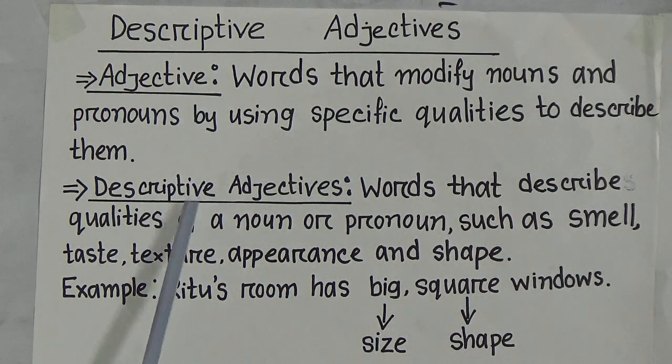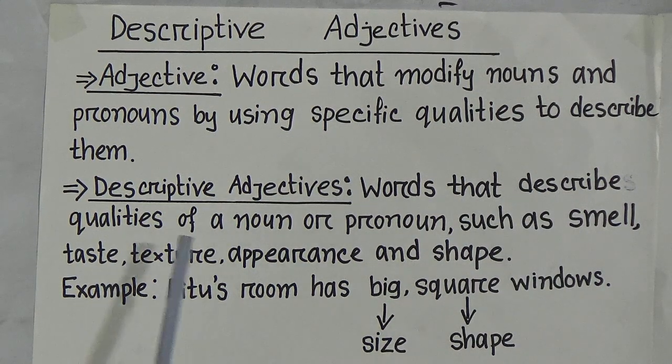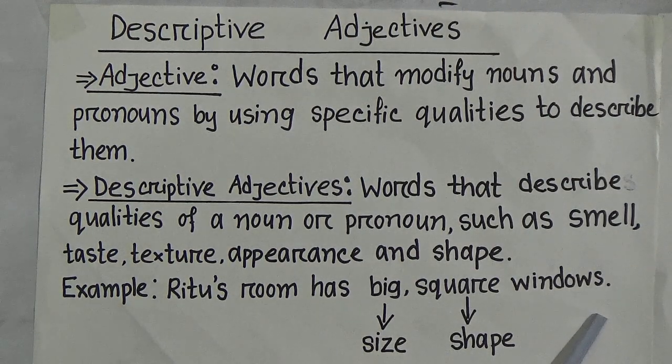Now, descriptive adjectives. These are words that describe qualities of a noun or pronoun such as smell, taste, texture, appearance and shape. For example, Ritu's room has big square windows. In this sentence, if you ask how are the windows, you will find they are square.